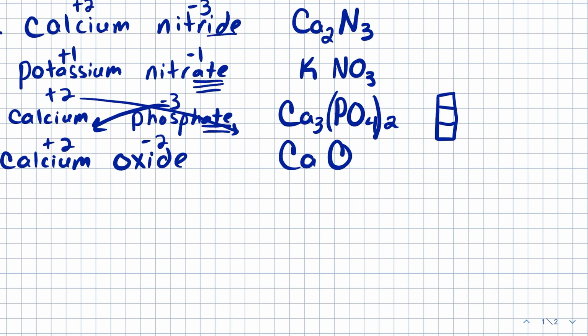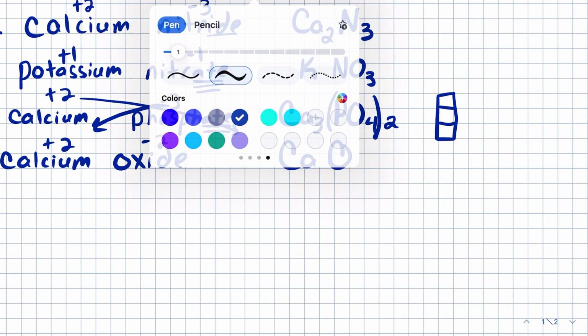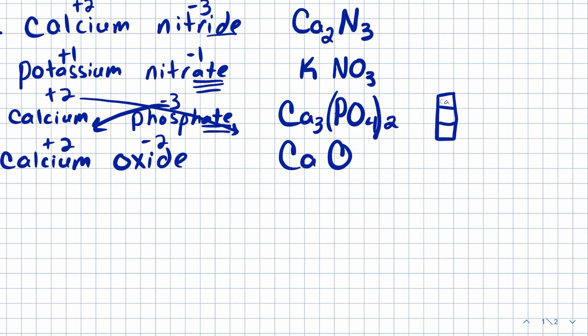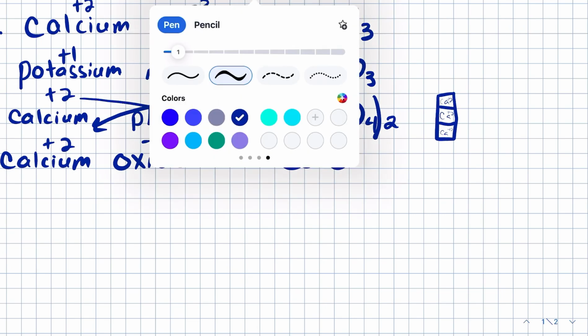So each box is a calcium. This is my calcium, this is my calcium, and this is my calcium. It'd be a +2, +2, +2. And then I have a phosphate, and my phosphate is going to be the PO4.